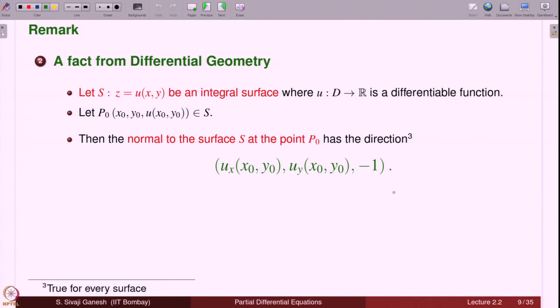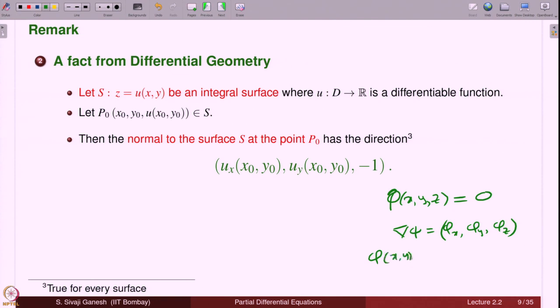There is a more general result, I will write only roughly. If phi of x y z equal to 0 is a surface, then grad phi, namely phi_x, phi_y, phi_z, will represent a normal. Of course, this should be non-zero, so all those conditions will be there. In our case, what is phi?